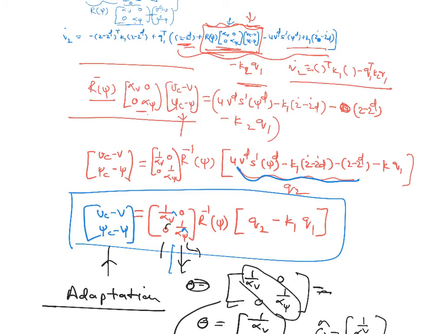Q2 is V, okay, UV desired. Z minus Z desired. Yes.